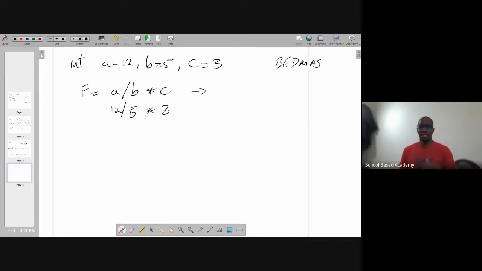We do it left to right. 12 divided by 5 is, as an integer, 2, because 5 could only go into 12 2 times. So the answer here is actually 2 multiplied by 3, which will give me a result of 6. So we are correct there.